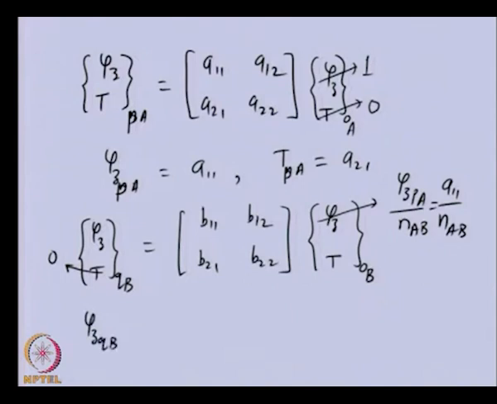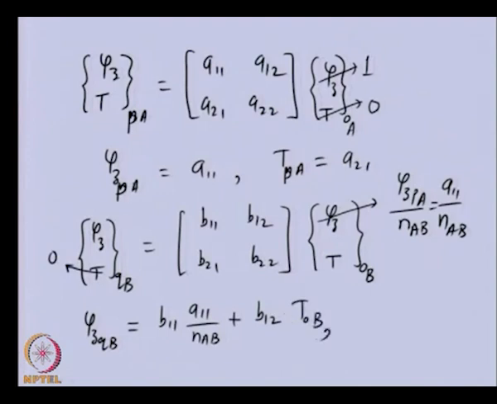QB. This is the state angular displacement of branch B at the qth station, is equal to B11, first equation, A11 divided by NAB plus B12 into T naught B. So this is the first equation.